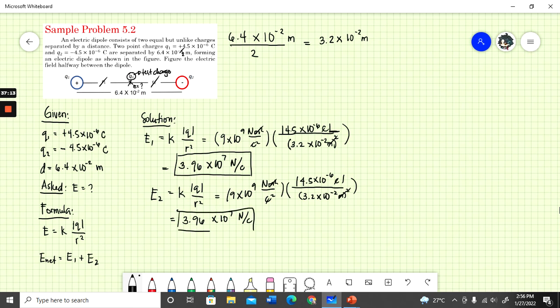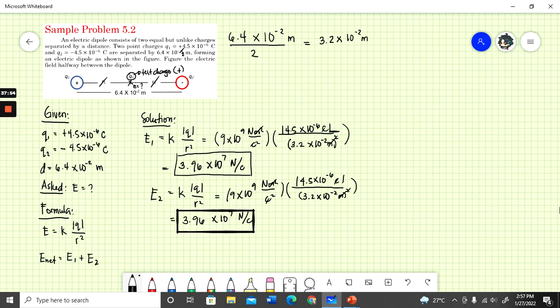But we're not done yet, because we're looking for the electric field here, but there are two point charges. If we only have one point charge, then this is enough. But since we have two point charges, we have to identify the electric field here as due to two charges. So we know from the line of forces that Q1 will repel Q0. We know that because our test charge is positive.